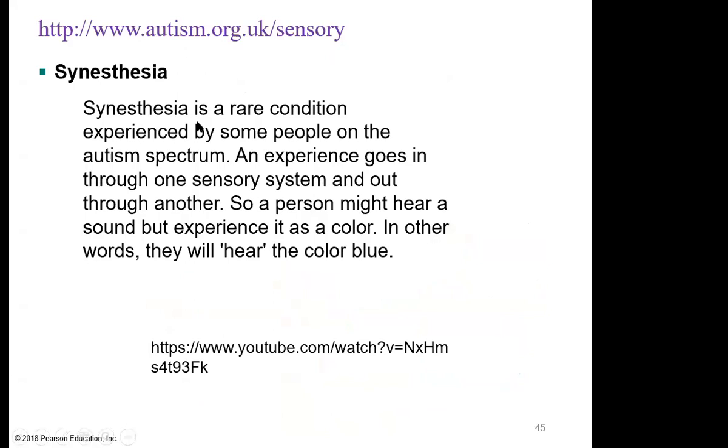So synesthesia is pretty high in people with autism. So that means that a person doesn't have the same labeled lines, and as things get interfered with one another, they might start to, as you can see here, hear a sound but experience it as a color. So in other words, they will hear the color blue.